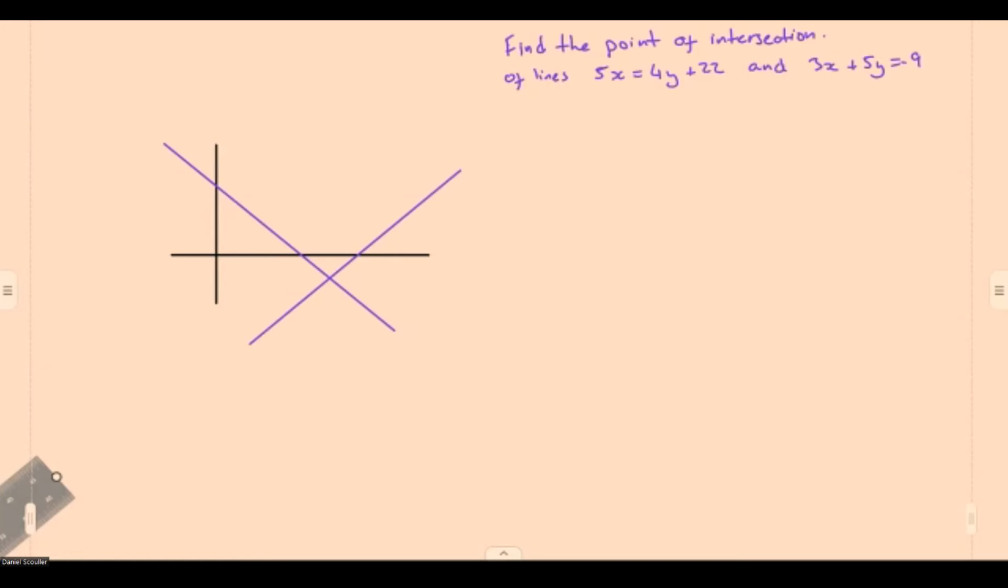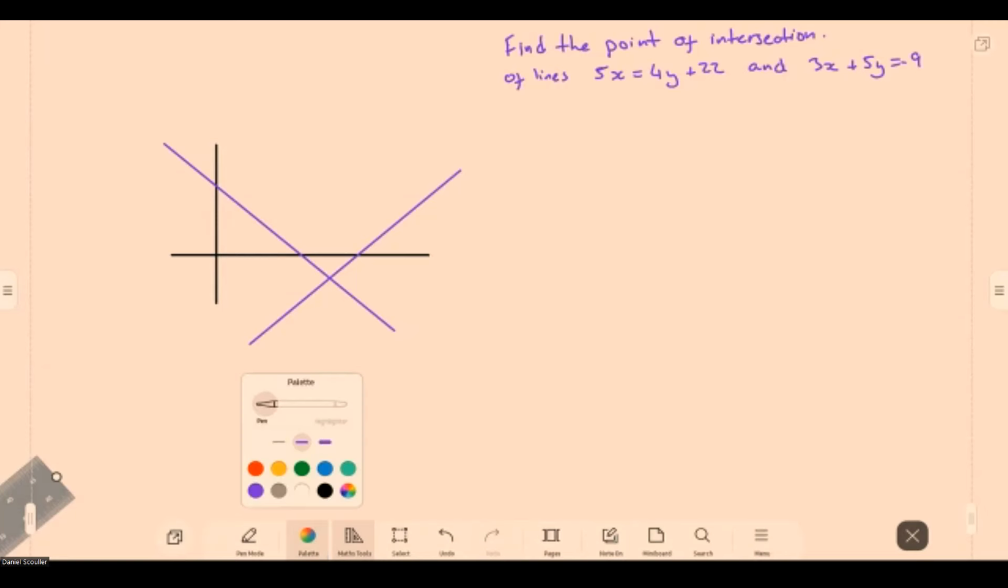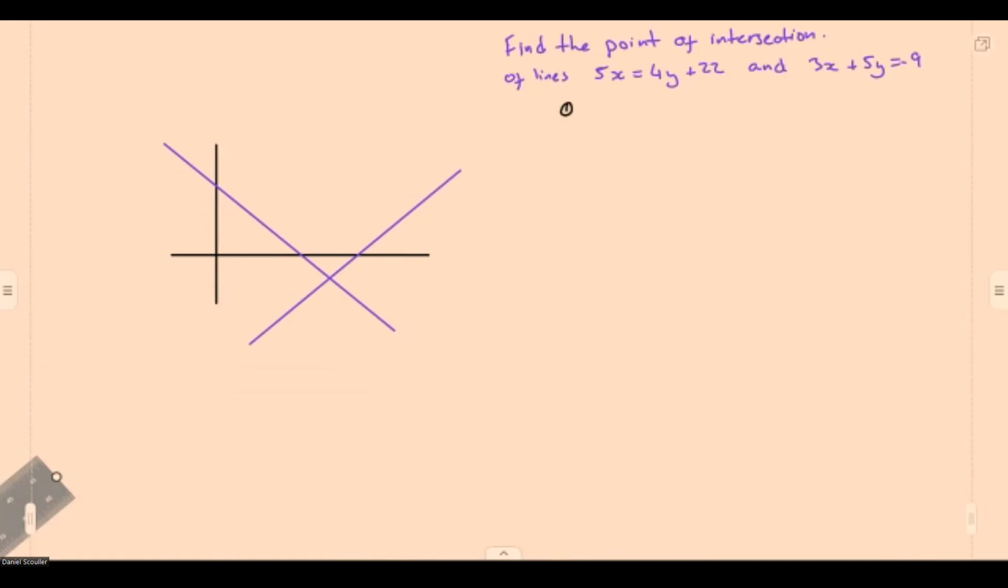First thing we want to do is write down our equations vertically. Okay, so one above each other. Number them. I like to number them, it makes it a wee bit simpler. So we've got 1, 5x equals 4y plus 22. And we've got 2, which is 3x plus 5y equals -9.